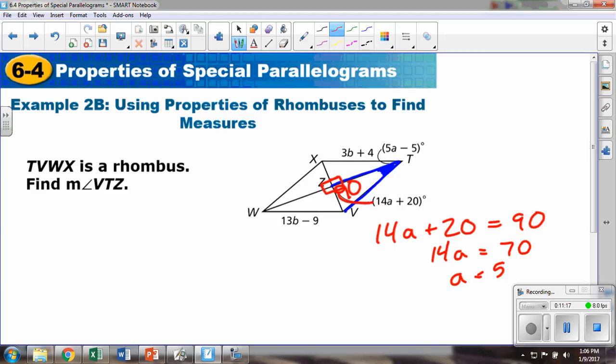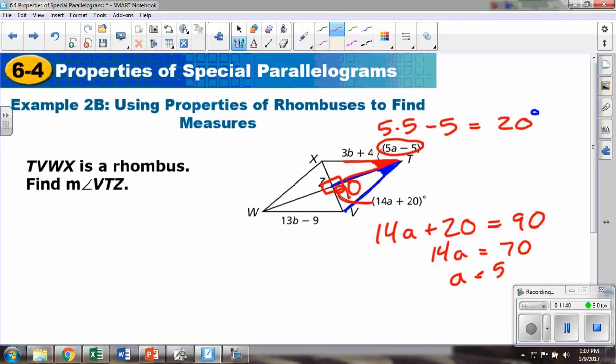Of course, that is relevant because now we can come right up here and say this angle, 5 times 5 subtract 5, that's a 20-degree angle. And of course, that's not the angle we were looking for. That's angle XTZ.